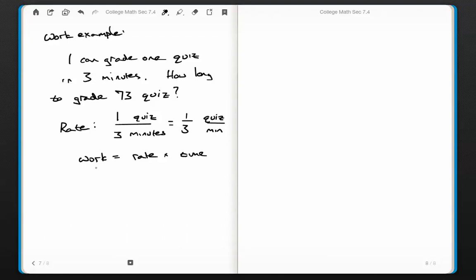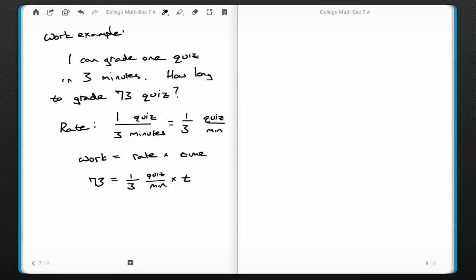And so then I know that work, I need 73 quizzes. That's how much I have to do. Equals 1/3 quiz per minute times time. I don't know what the time is, so that's still a variable.